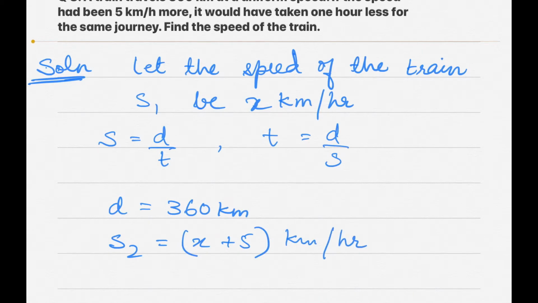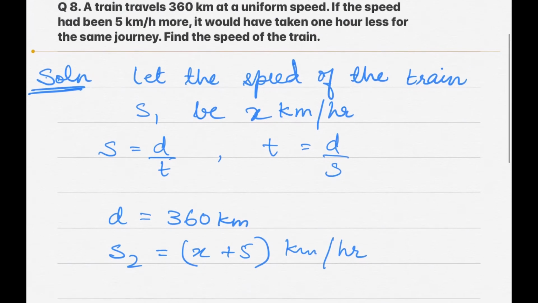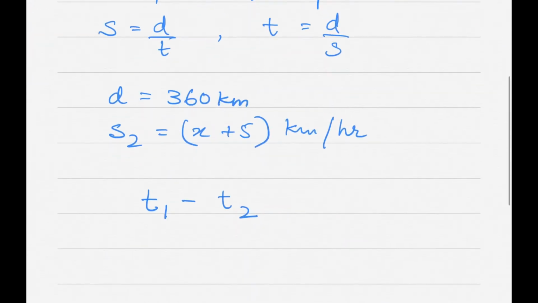Now I have to compare the time because as we increase the speed, time would be less, correct? It is inversely proportional. So time taken first time minus time taken the second time when the speed was increased is equal to 1 hour.